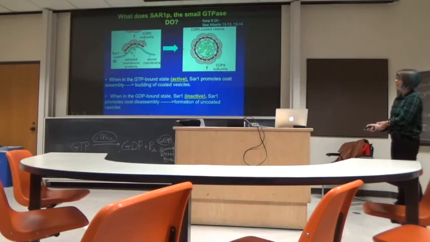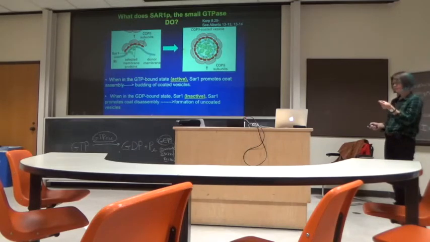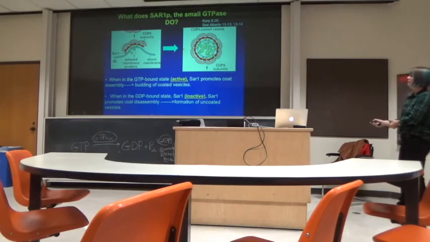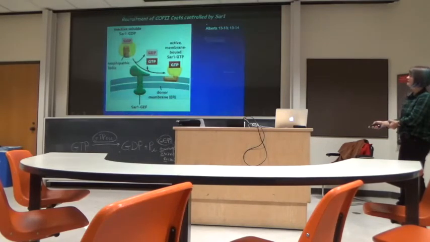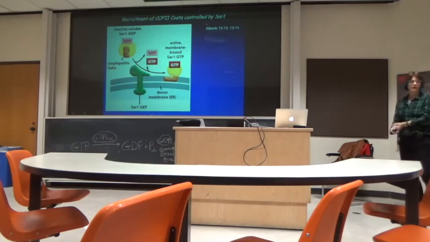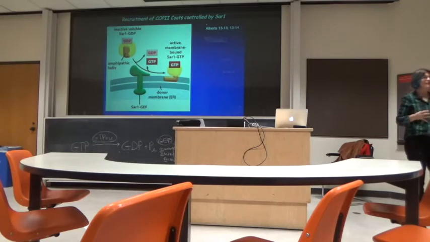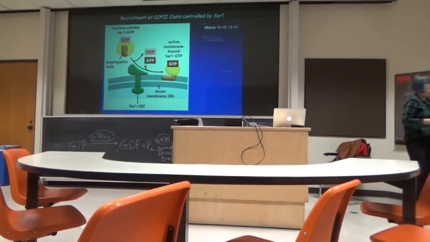So we see that SAR1, this little yellow protein right here, when it's in its GTP-bound form at the ER, as long as it's there, it's going to promote coat assembly and cause the formation of these vesicles. So SAR1 regulates coat assembly and disassembly right here. So how do we get that assembly to occur on the ER and not on any other step?